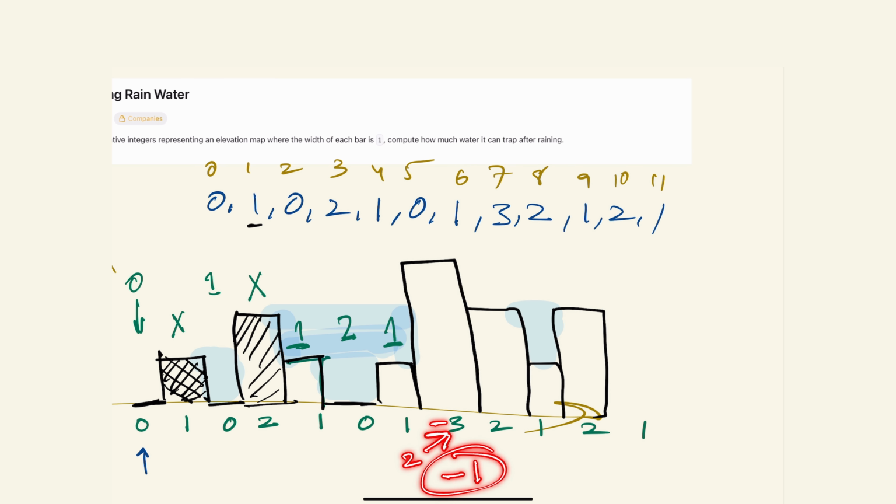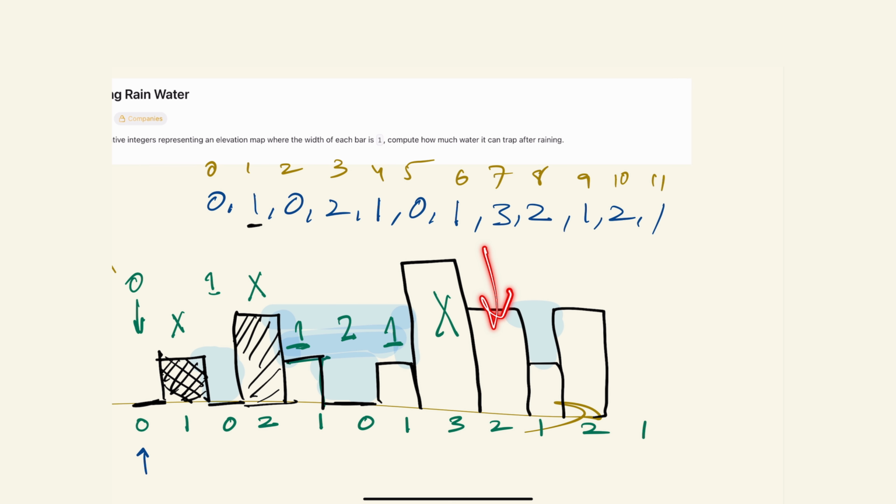That means this is a negative value. I am going to ignore the negative value. In other words, nothing is being held on top of this wall. For example, on top of this wall, yes, there is an amount of water, which is 1 unit it is holding. But since the height of the wall is somewhat bigger, it is not holding any water.